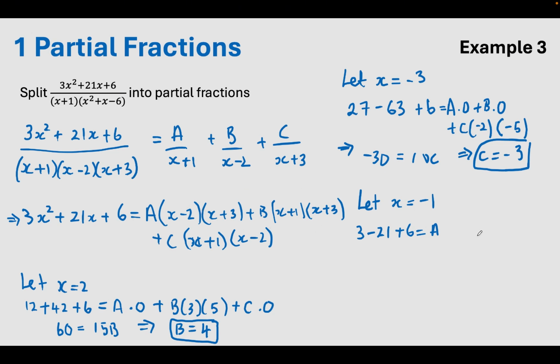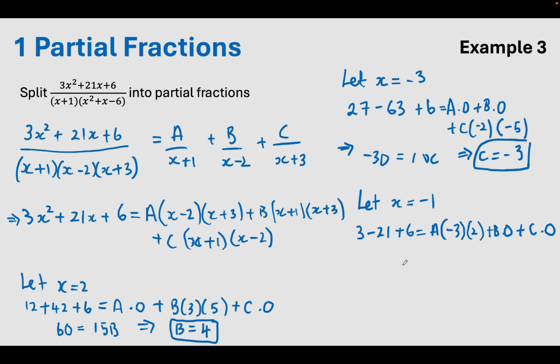and minus 1 minus 2 becomes minus 3, and minus 1 add 3 becomes 2, plus b times 0 plus c times 0.